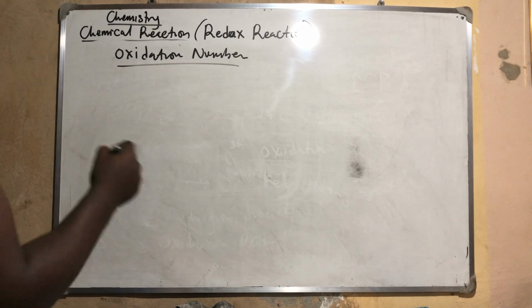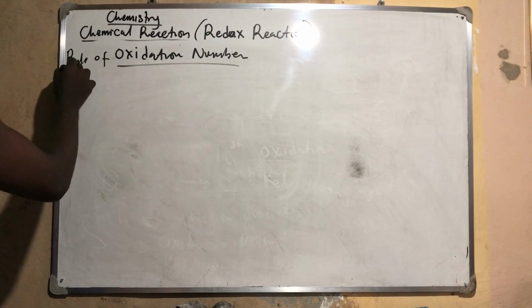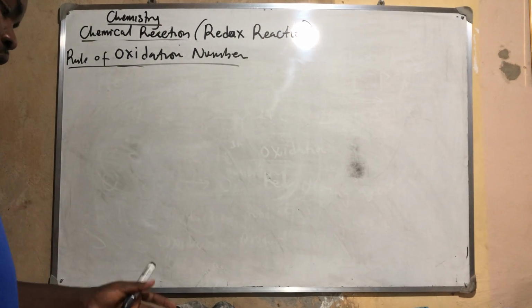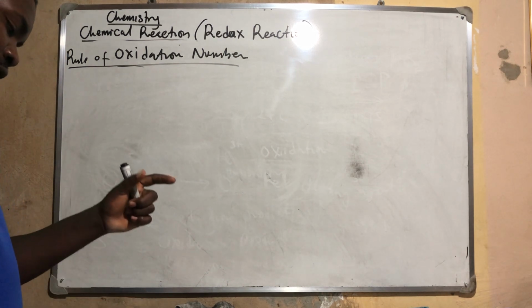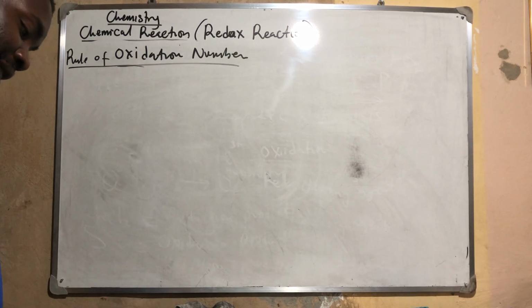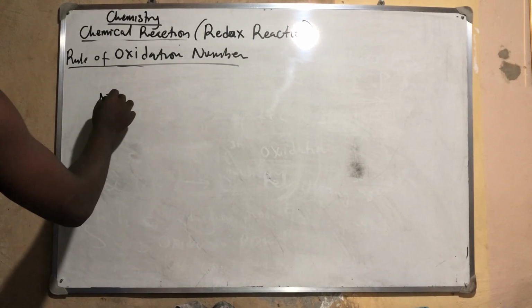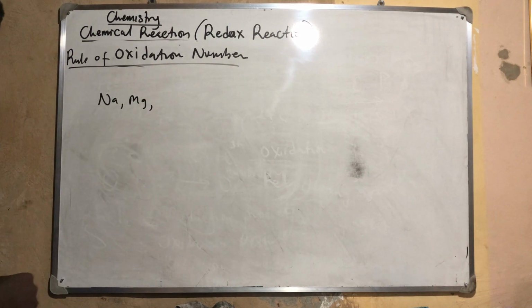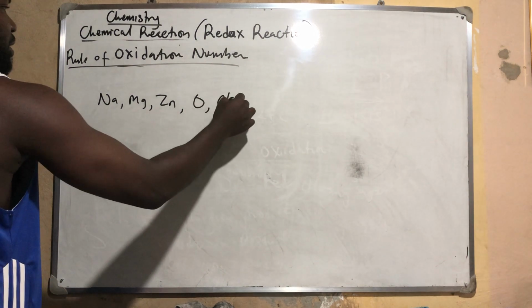There are some rules you need to know for oxidation number. The first one says that the oxidation number of every element or atom in its free or uncombined state is 0. Like we said before, for example, Na standing alone, Mg standing alone, zinc standing alone, oxygen standing alone, chlorine standing alone.